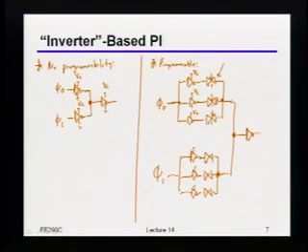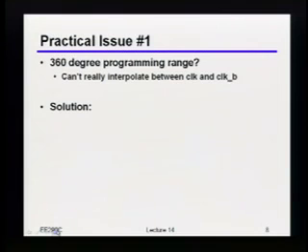I did this whole phase interpolator thing in the first place because I wanted to make sure I could cover a full 360 degrees of range, and make it easy to completely wrap around the circle. But remember we said a second ago that it's a pain, or in fact probably impossible, to interpolate between clock and clock bar. So I need things closer together than that. If they're closer together, how do I get 360 degrees of phase range?